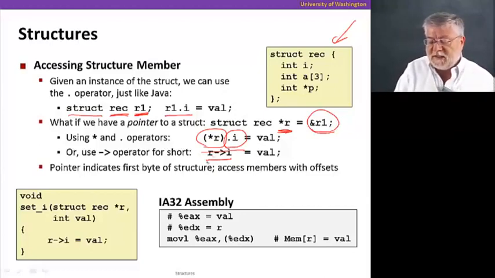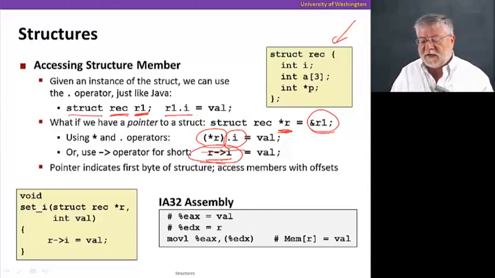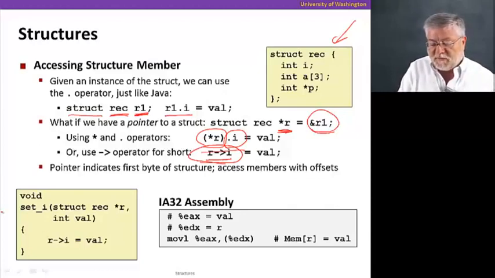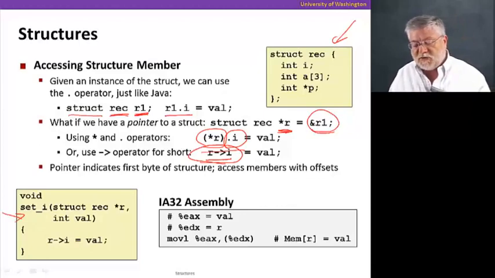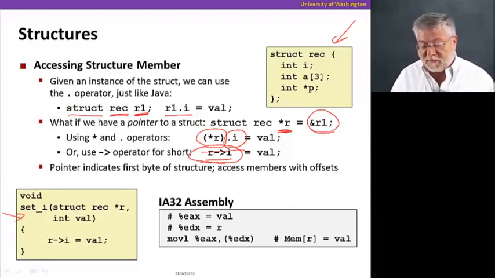Okay, so you'll often see this kind of construct in C because we have pointers to structs rather than the struct themselves. So here you see a simple function that is used to set the value of that first element of this type of struct.